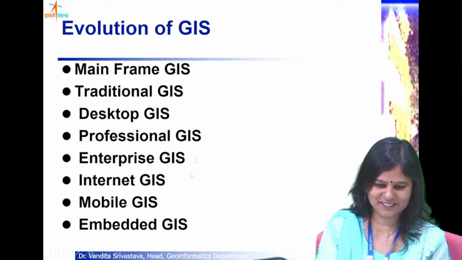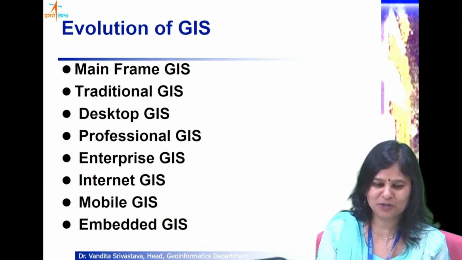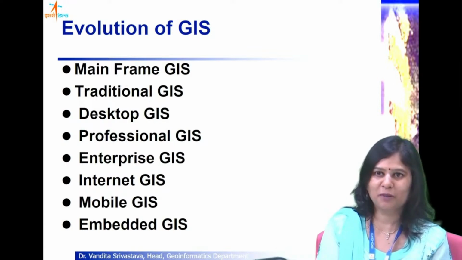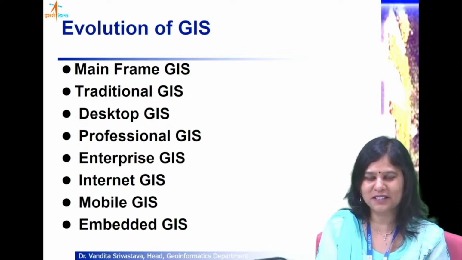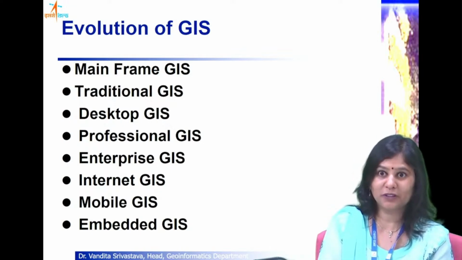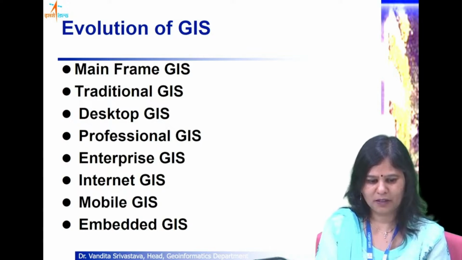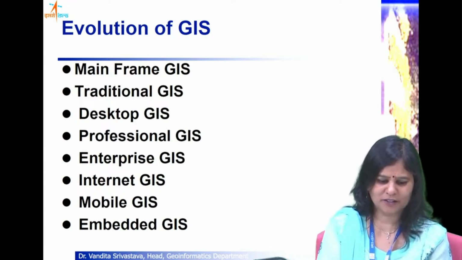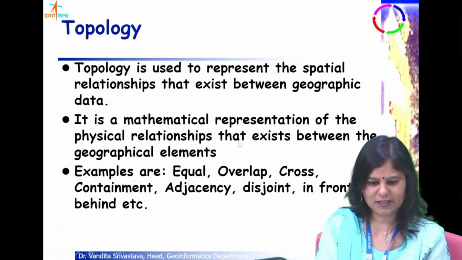That is the development that has taken place. A lot of technologies have contributed to make this happen, from computer science to communication technologies to navigation to remote sensing to nanotechnologies, and maybe a lot of developments in various domains have made this happen. So that is how GIS has evolved.